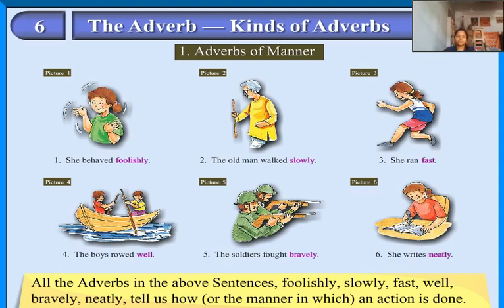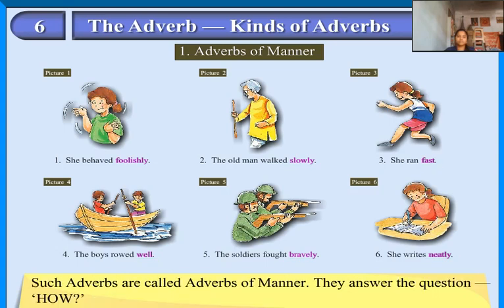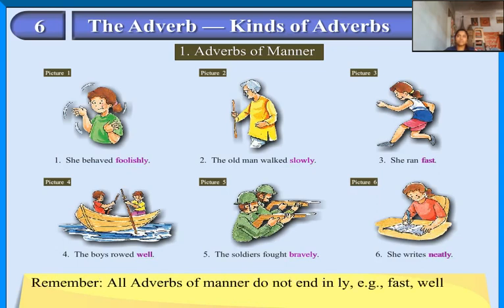All the adverbs in the above sentences, foolishly, slowly, fast, well, bravely, and neatly, tell us how or the manner in which an action is done. Such adverbs are called adverbs of manner. They answer the question how. Remember, all adverbs of manner do not end in ly. Example, fast, well.